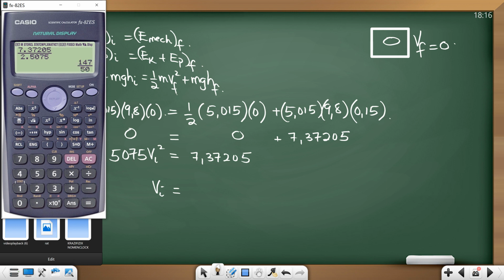But it's v squared, so what do we then do? We find the square root of that answer. And what's our answer? Yay! 1,71.